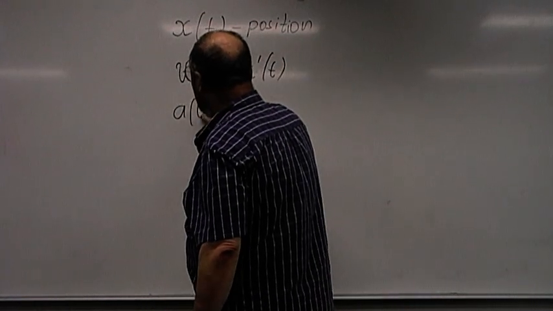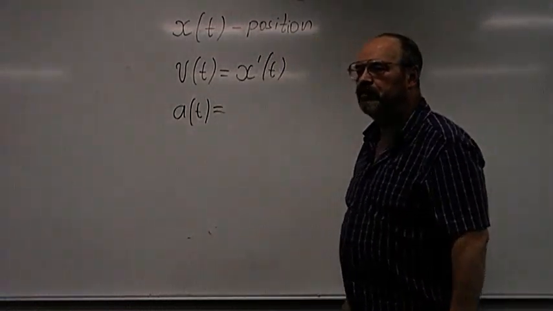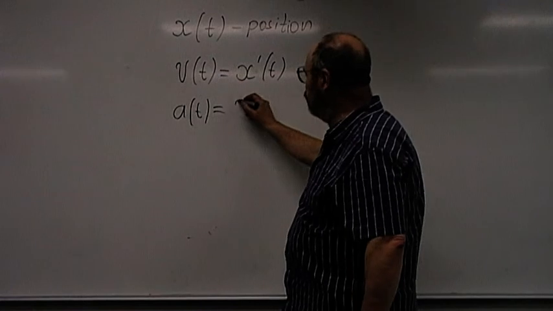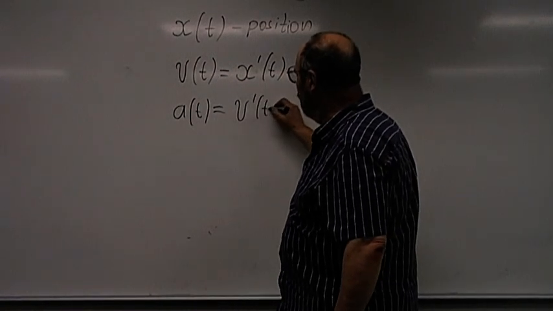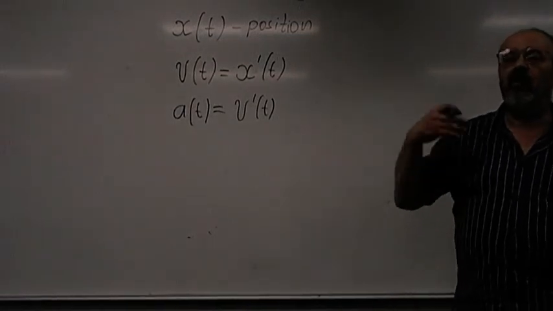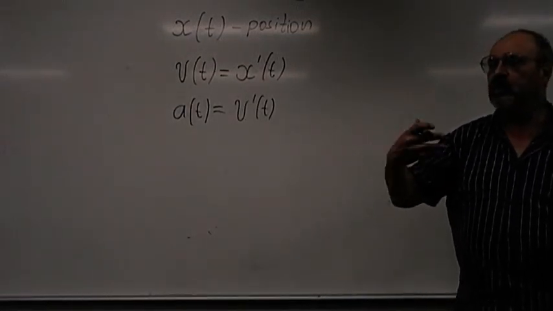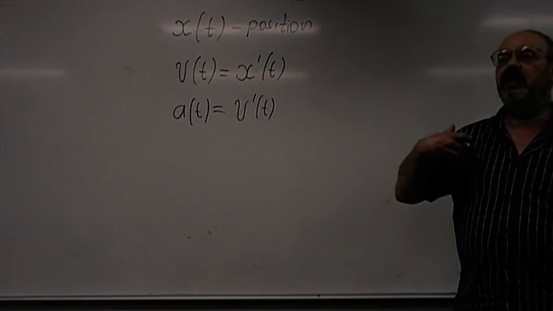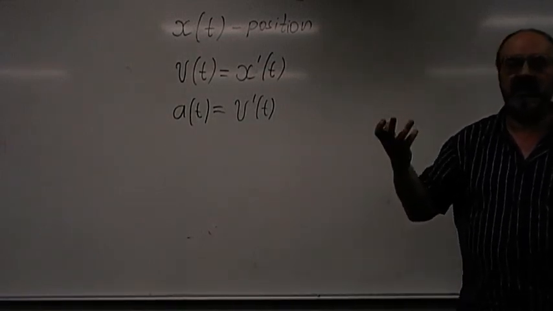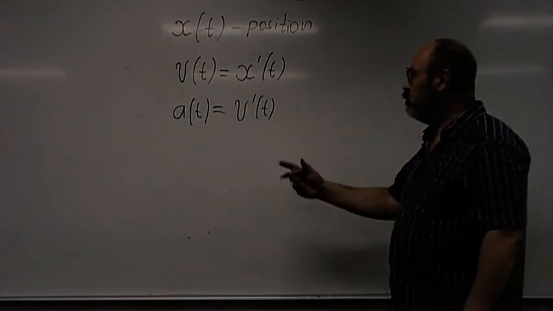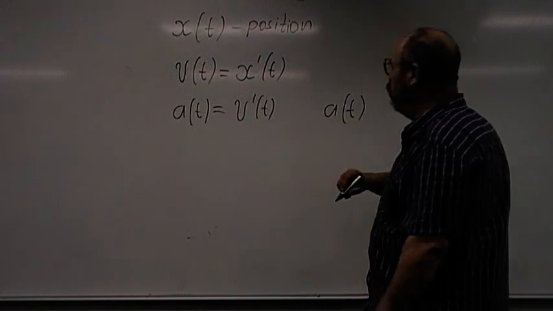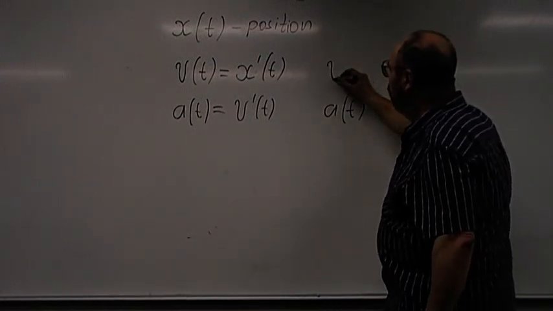Now acceleration is the derivative of the velocity. Now we will be able to do the opposite. If we know acceleration, we can find the velocity and we can find the position.